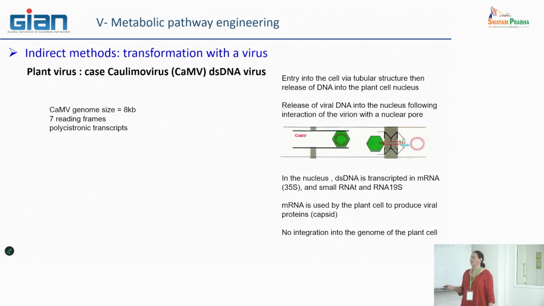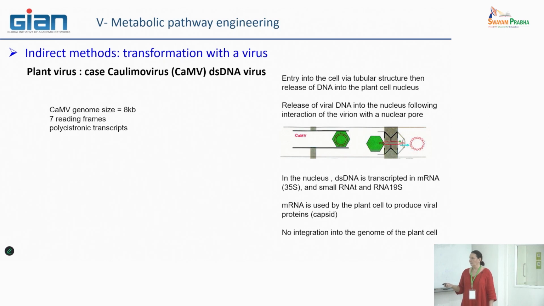And in particular, because it's a double strand of DNA, a small piece, it can be directly transcribed into mRNA, and also small transfer RNA, and that could permit the production of the proteins encoded by this DNA.